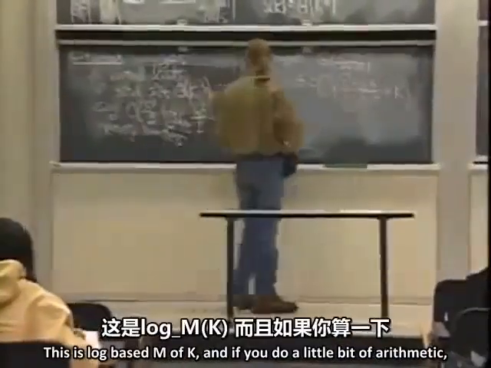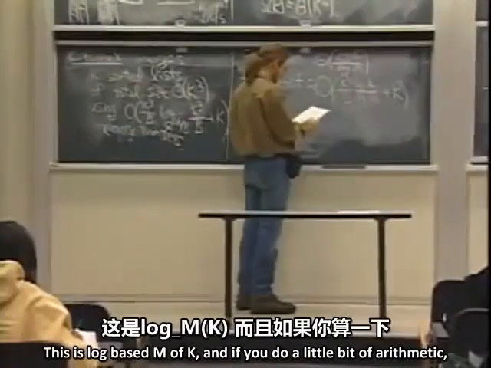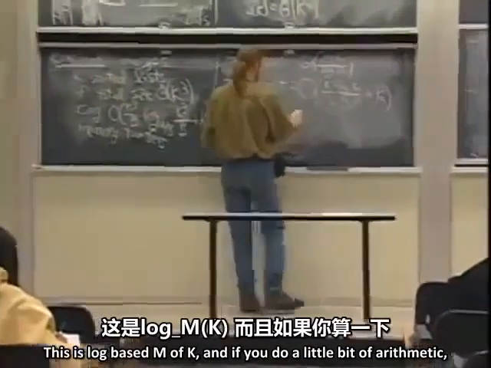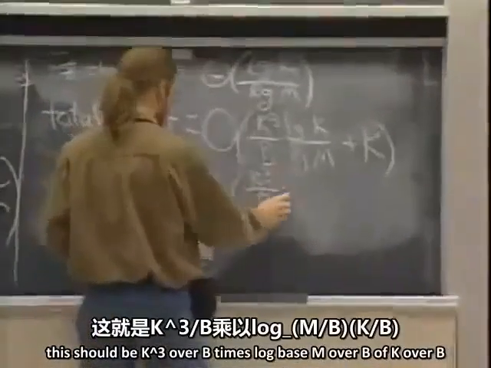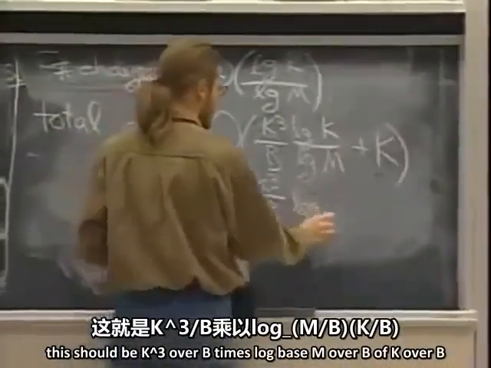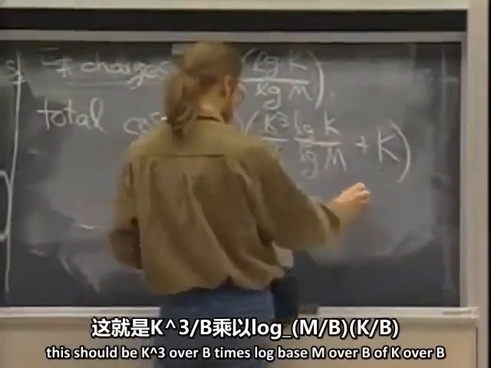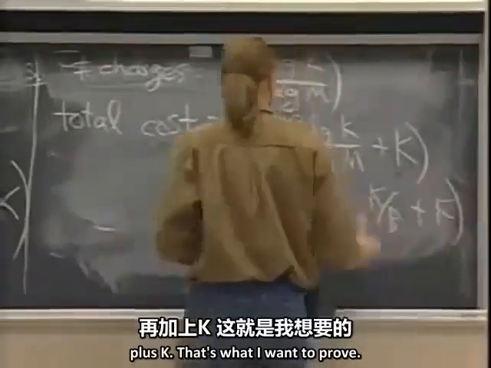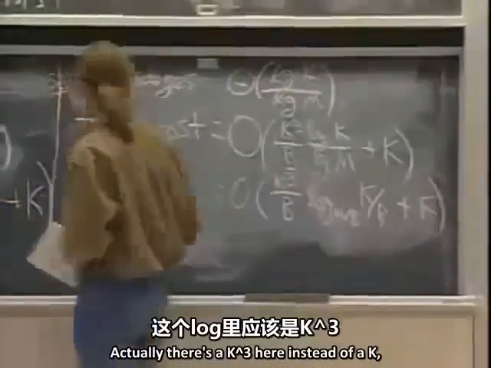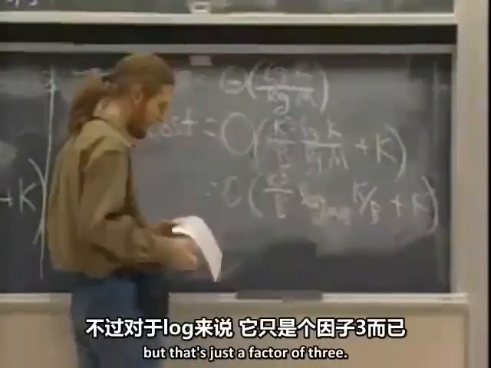This is log base m of k. And if you do a little bit of arithmetic, this should be k cubed over b times log base m over b of k over b, plus k. That's what I want to prove. Actually, there's a k cubed here instead of a k, but that's just a factor of 3.